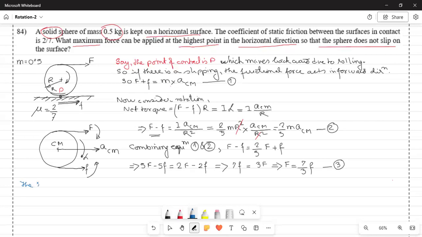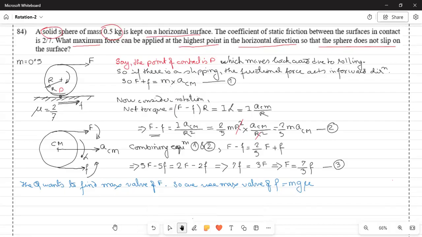The question wants to find the maximum value of capital F. So we use the maximum value of small f, which is equal to n mu, or here n is mg, multiplied by mu, mu mg.